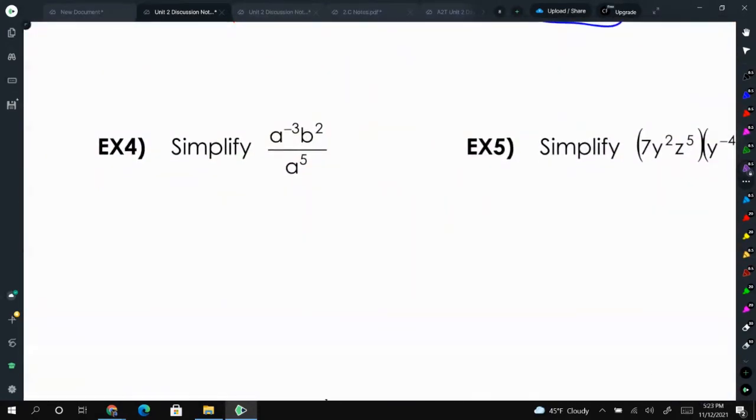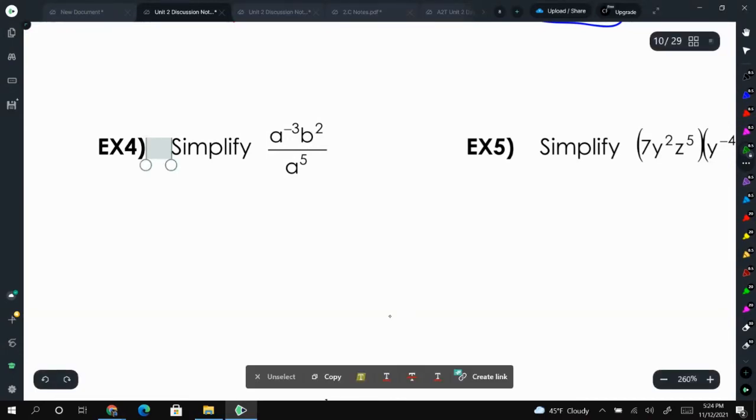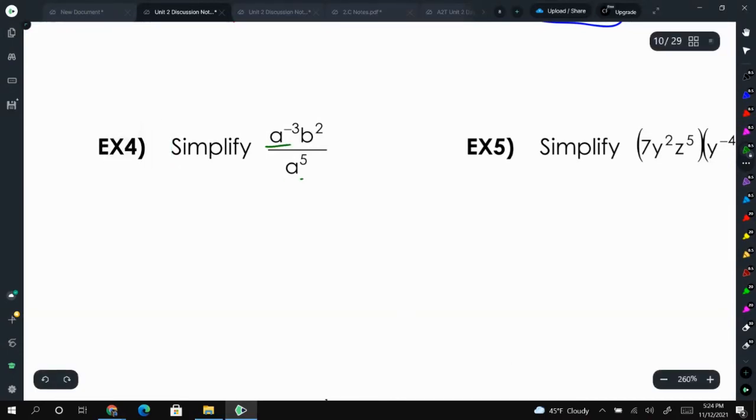Now, this one, you could do a couple of ways. I like to subtract when I can. I don't like to move my exponents from the numerator to the denominator unless I am done with the addition or subtraction. I have a to the negative 3rd over a to the 5th, so I'm going to subtract those exponents. Negative 3 minus 5 is negative 8.